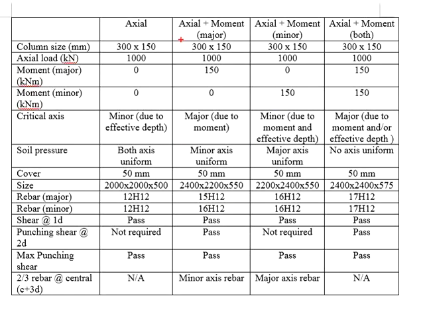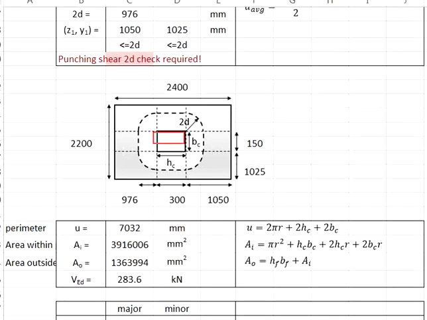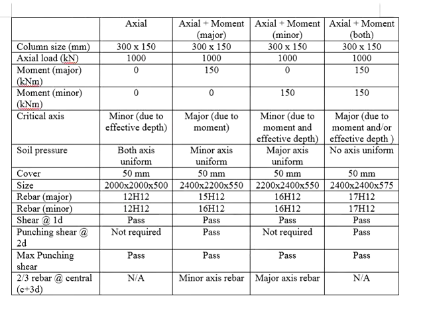In our case, the column size is 300 times 150. One side is wider, another side is shorter. And then we are defining 2D from the column face. In the case that the moment is acting in the major axis, we need to check for the punching shear at 2D perimeter.